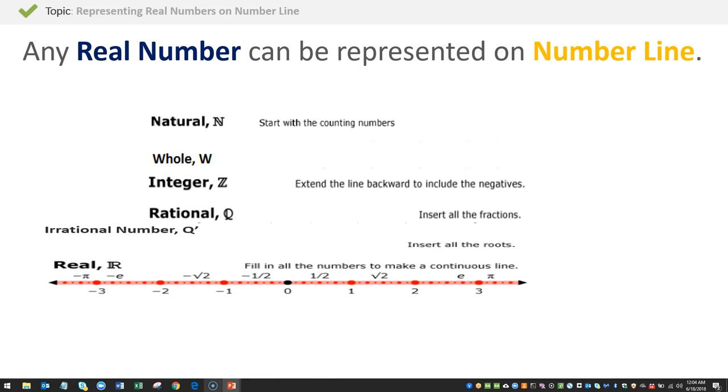And at the end, when you fill all the numbers to make a continuous line by including values like e, pi, and every bit and piece on the number line to make it continuous, what you get is the real number line.